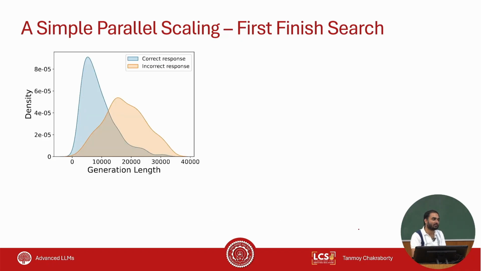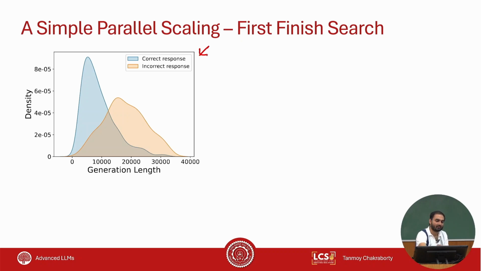Okay, so we also did some experiment. This is our work, and we showed that among all the traces that we generate, generally the trace with the smallest length is the trace which is accurate in general. Now these are empirical results.